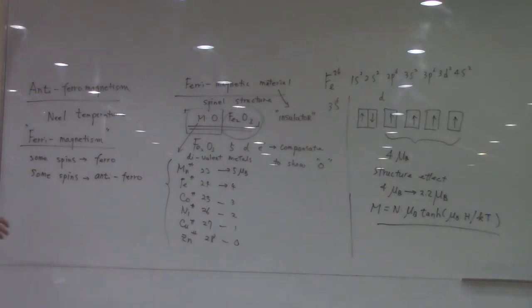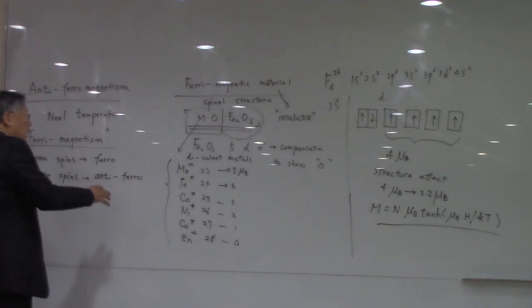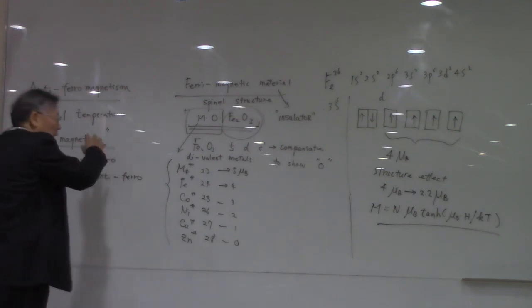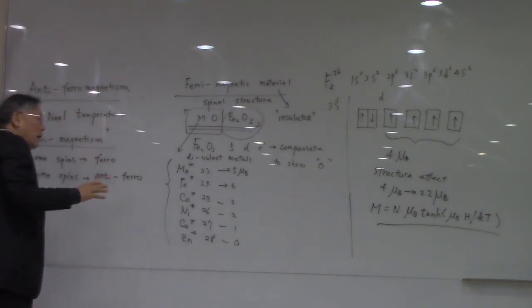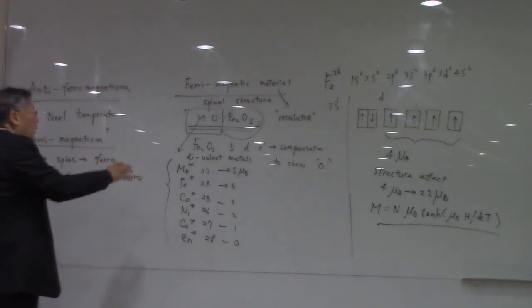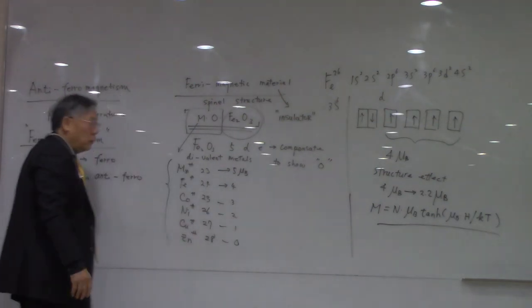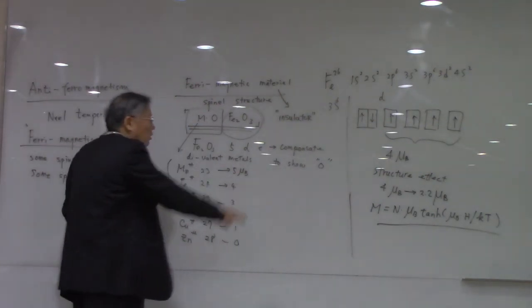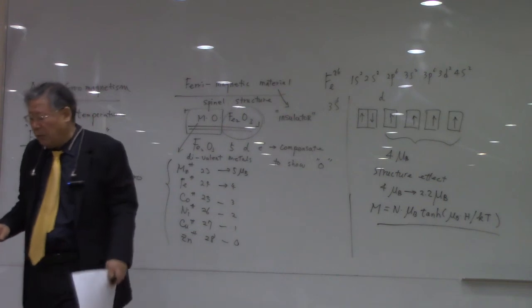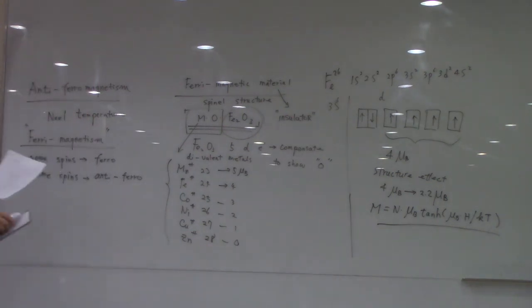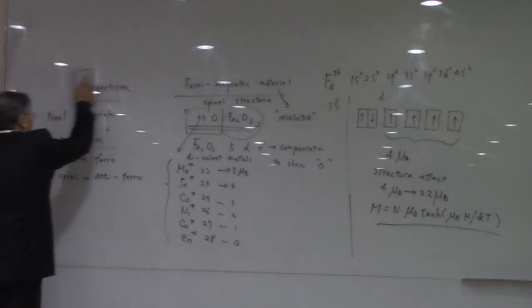So industrially speaking, except the special cases, the ferrimagnetic material is important because it is an insulator. There is no heating up. So that is very important.